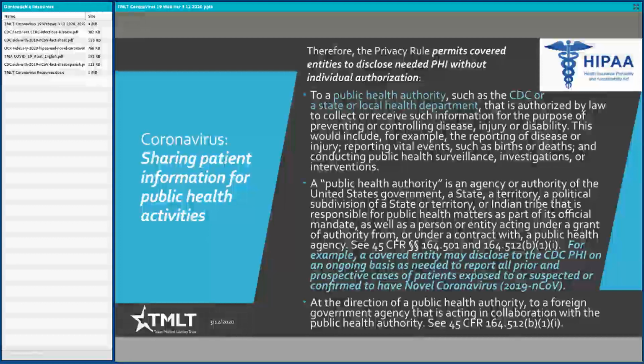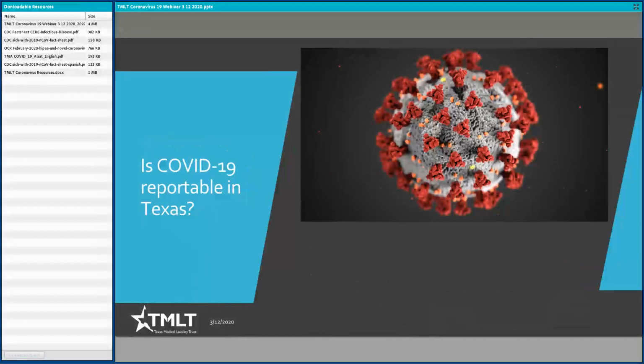The privacy rule permits covered entities to disclose needed PHI without individual authorization to public health authorities, such as the CDC, a state health department, or a local health department. For example, you may disclose to the CDC PHI on an ongoing basis as needed to report all prior and prospective cases of patients exposed to or suspected or confirmed to have the novel coronavirus.